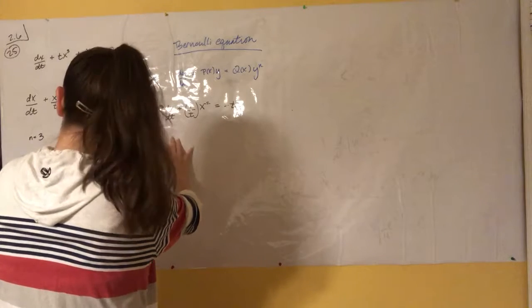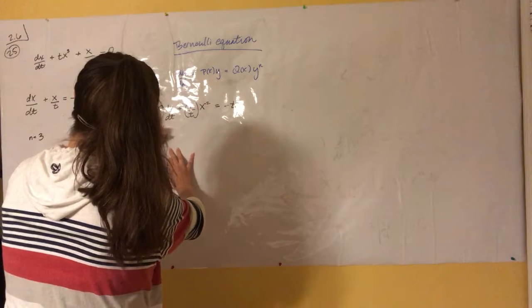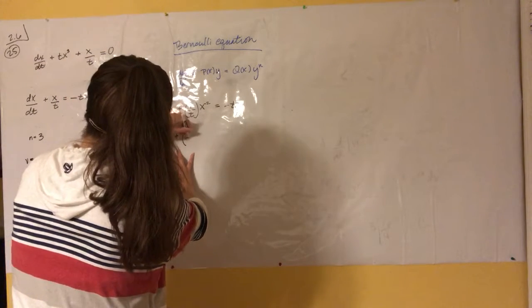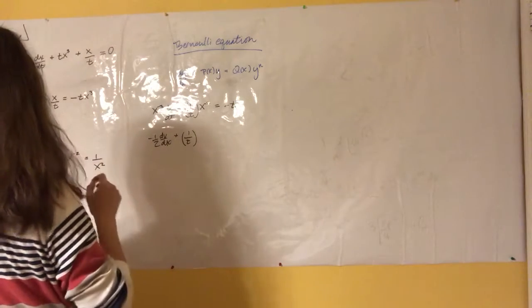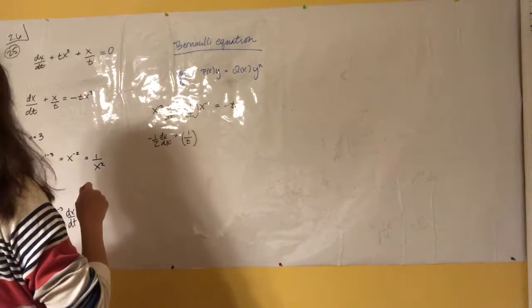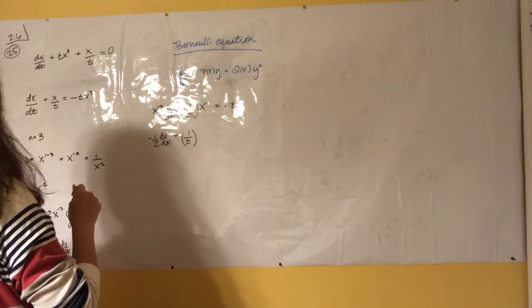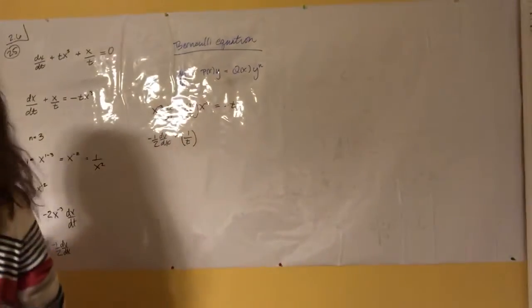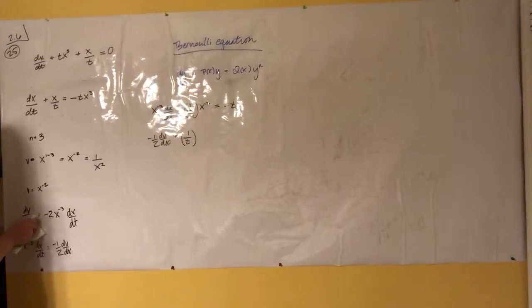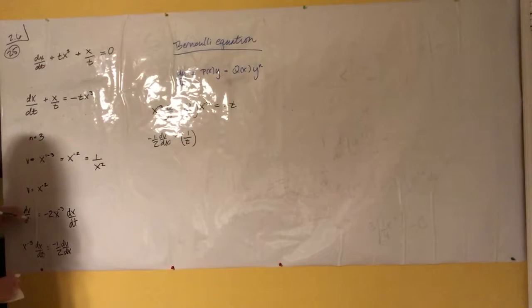Negative 1/2 dv/dt plus 1 over t. Oh, when you do the derivative, you want this to be in terms of t. Okay.